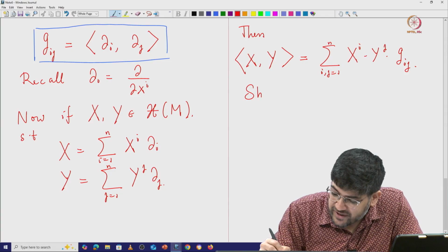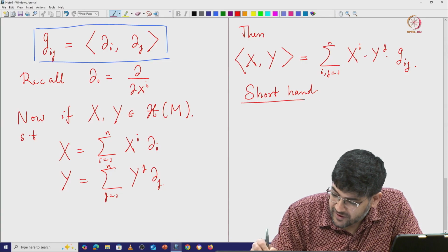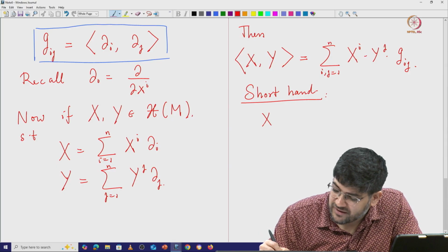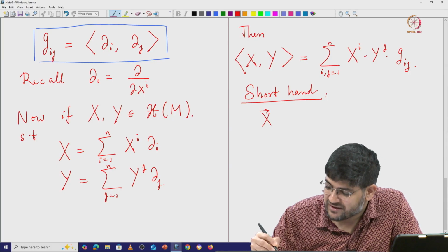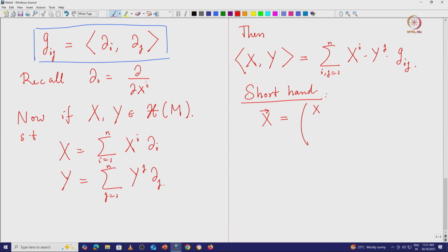Okay, so there is a convenient shorthand we can use. If you take for this vector field the components x^1 up to x^n as a column vector, and similarly you take these components y^j and put them in the form of a column vector.